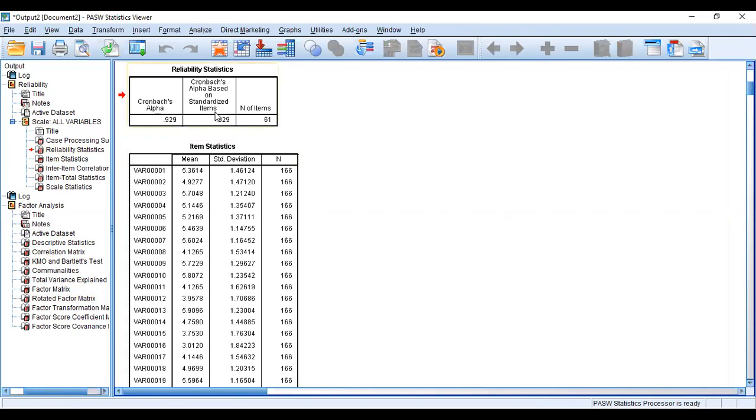It's taking pretty long to open. Okay, this reliability statistics table has to be copied to the results.